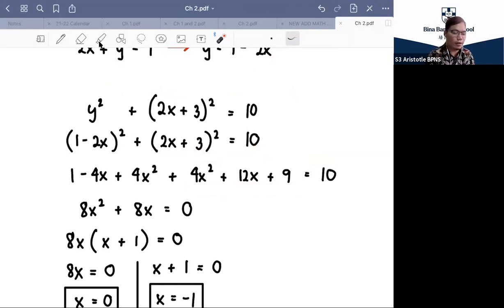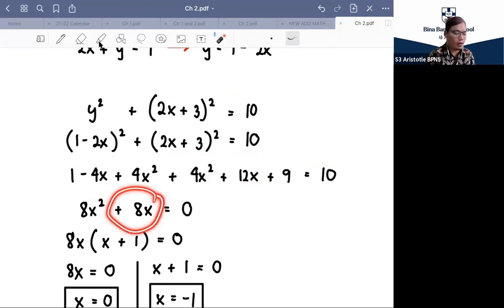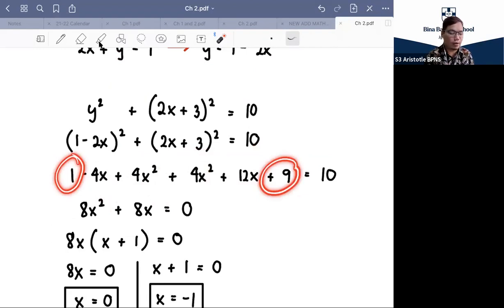What's after this one? We combine like terms. You have 4x squared and 4x squared, which equals 8x squared. Then we have negative 4x and 12x, so negative 4 plus 12 is 8x. And then 1 plus 9 is equal to 10.